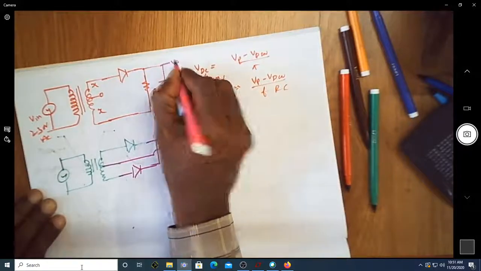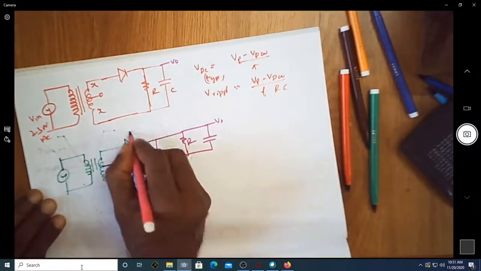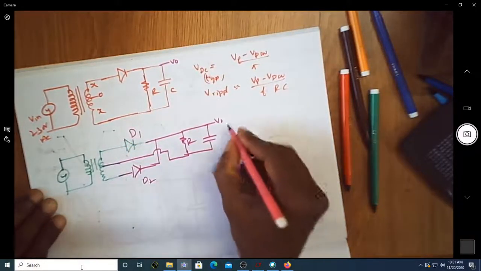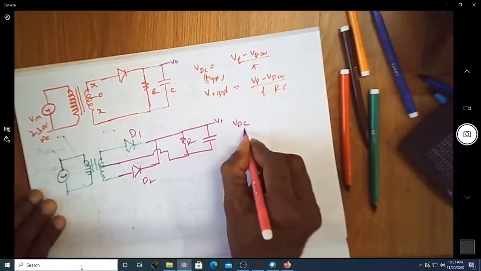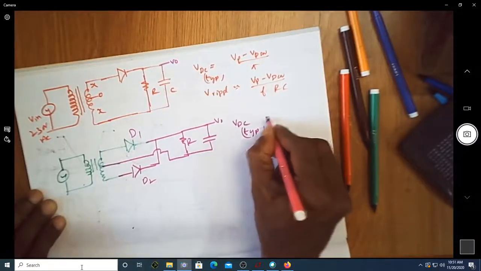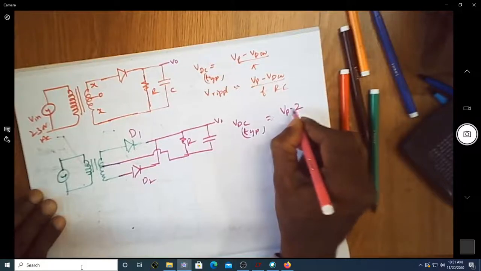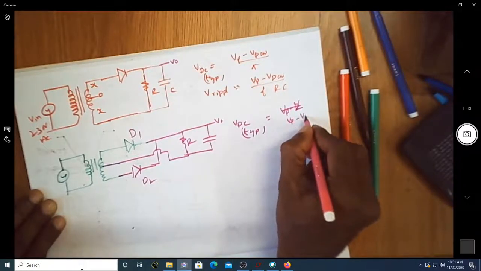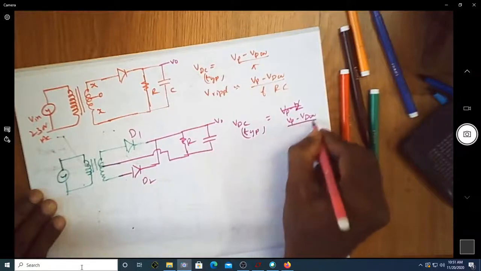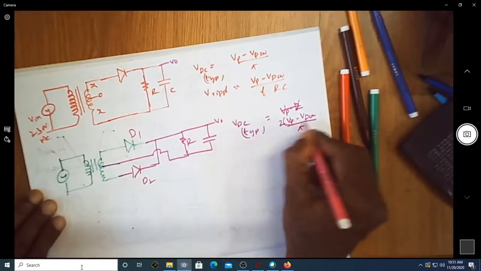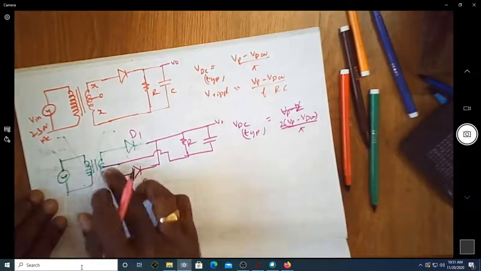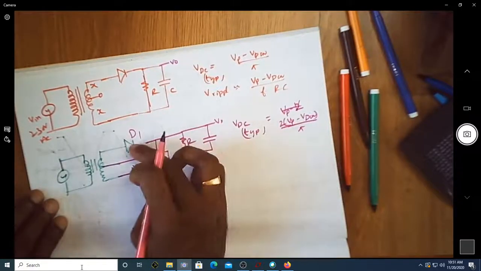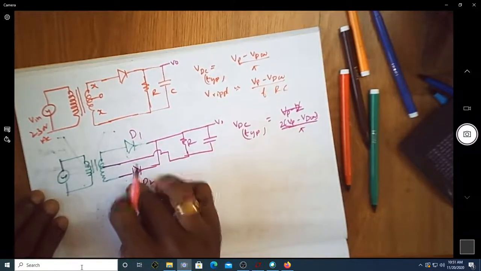This is your V0, this is again V0. Say this is D1, D2. VDC typical value is Vp minus, just Vd on, not 2 Vd on. It is Vp minus Vd on by pi, 2 times of that. Why? Because this is conducting for one half cycle, this is conducting for the other half cycle, so it is twice.